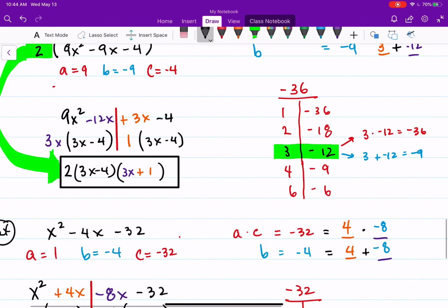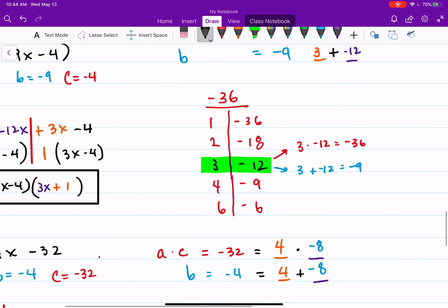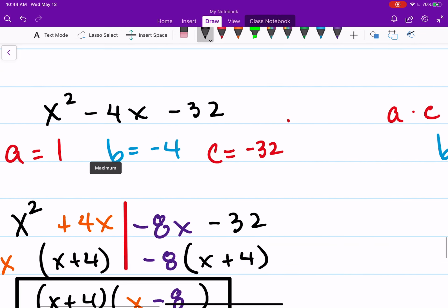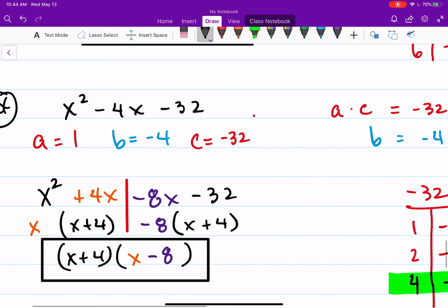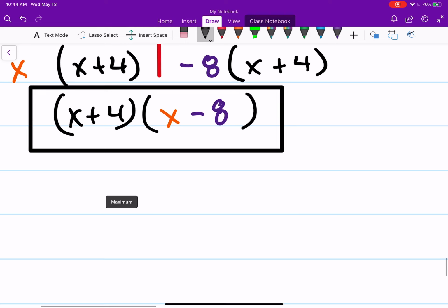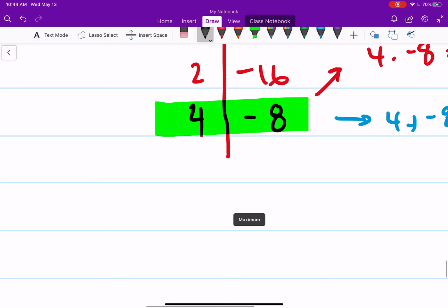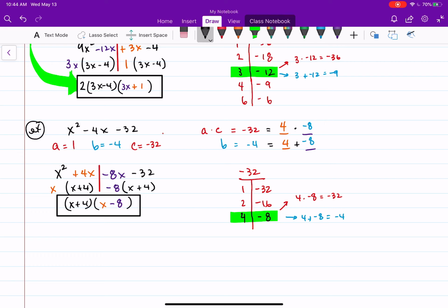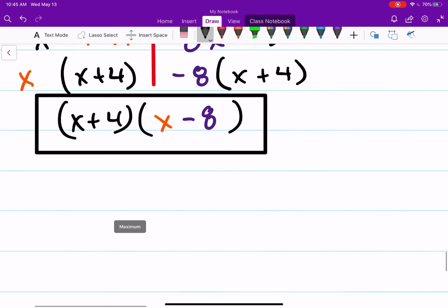So once we do this, notice that these two numbers are not in here. However, this last one, what's my a? a is equal to 1. And because a is equal to 1, look at these two numbers, positive 4, negative 8: plus 4 minus 8. So this only works when a is equal to 1. You could essentially do the first step and go directly to the answer.